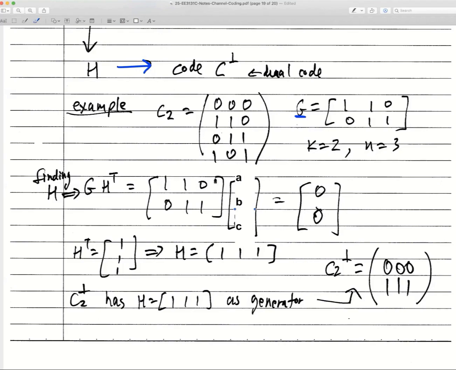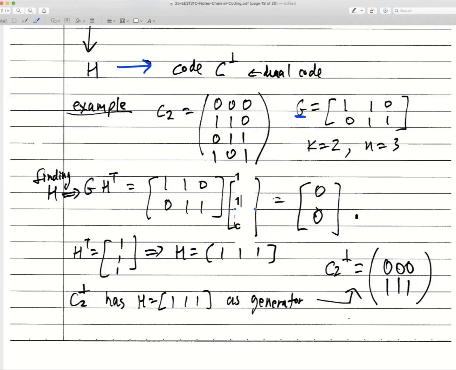Multiplying the first row gives 1 times A plus 1 times B plus 0 times C, which is just A plus B. If I want A plus B to be 0 and A and B to be non-zero, they have to be 0, 0 or 1, 1. We don't allow 0, 0 because that's catastrophic. So A has to be 1 and B has to be 1.